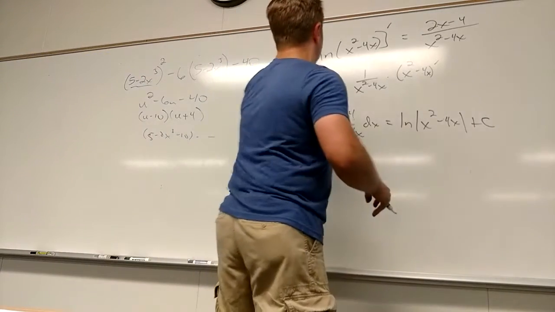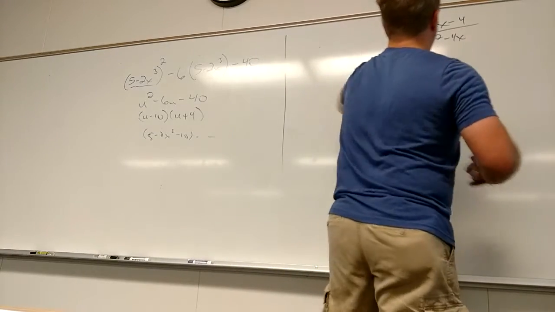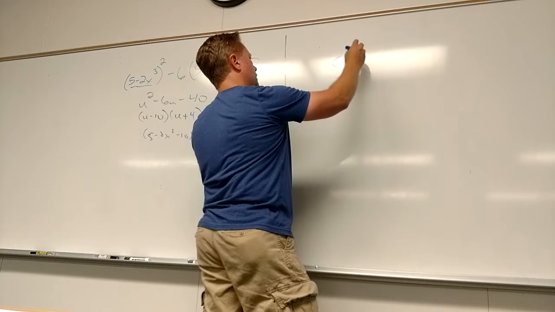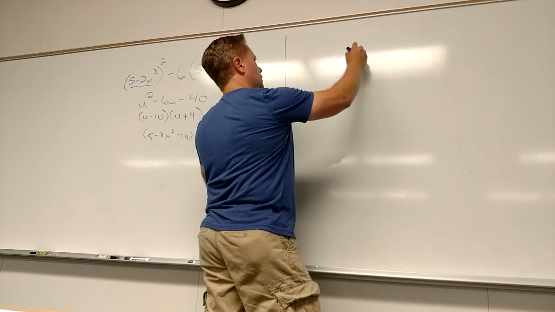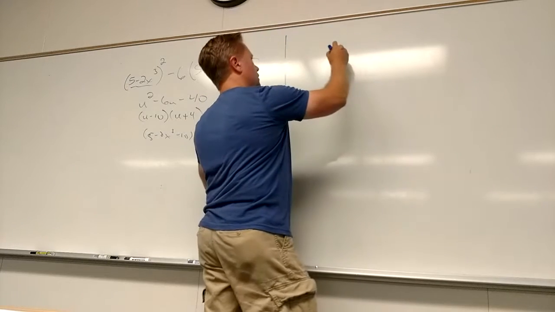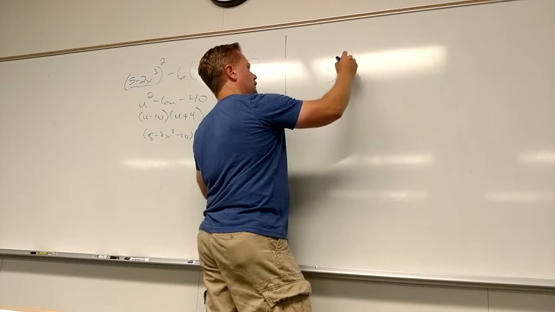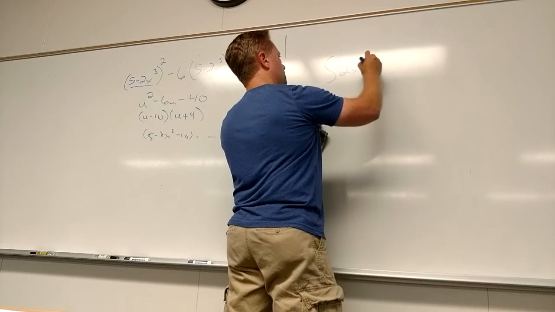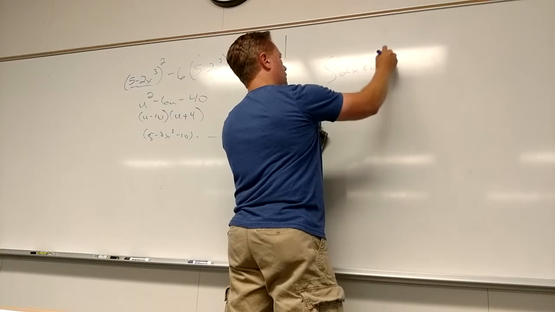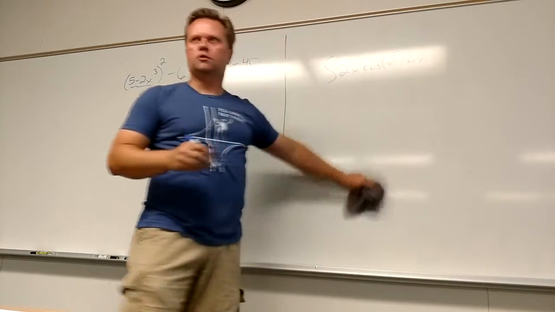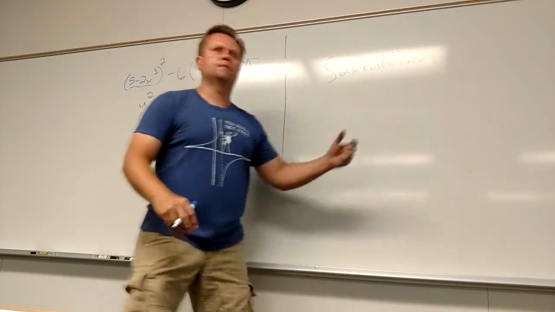So what we're going to do, just to give you a real quick example, is if I had the integral of 2x cosine of x squared. So let me ask you something.